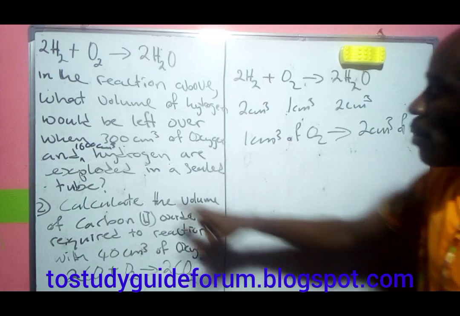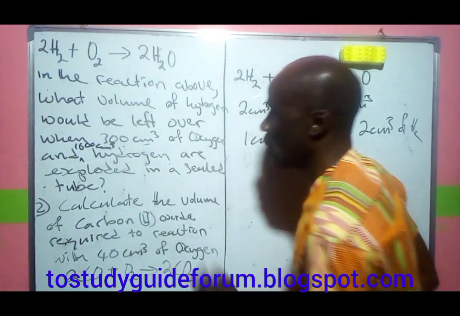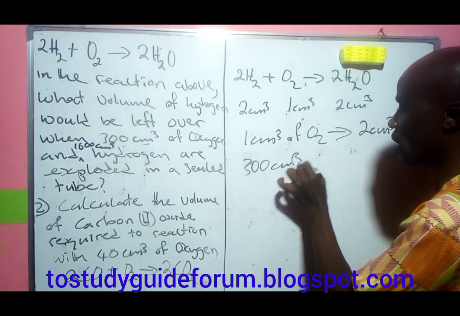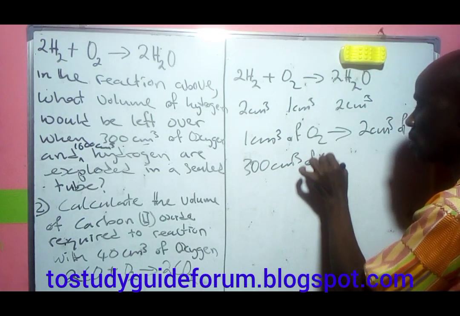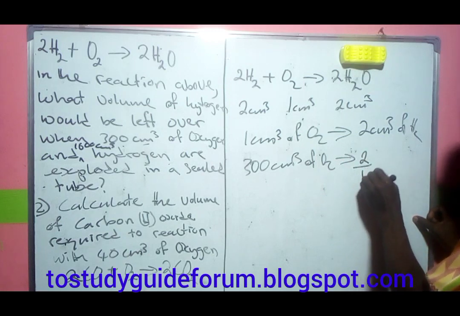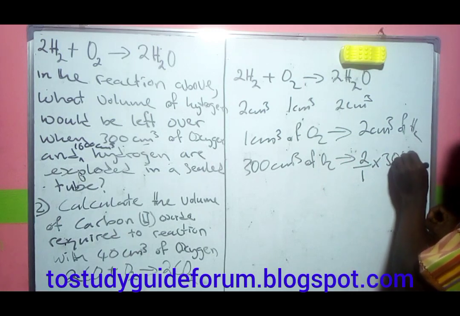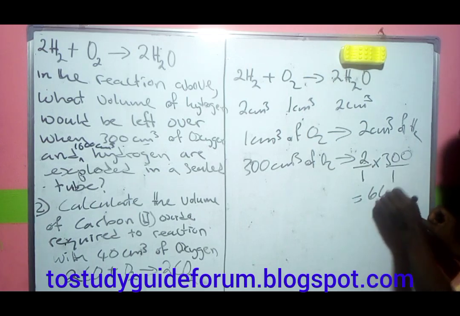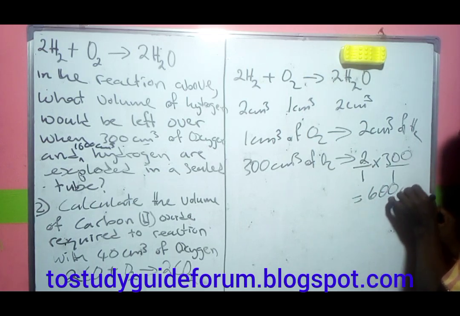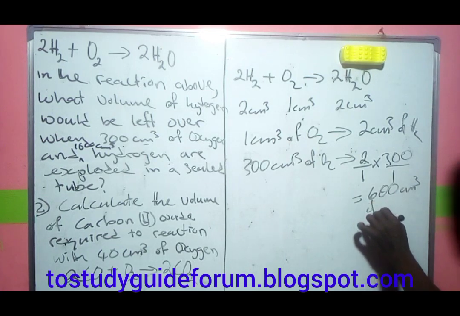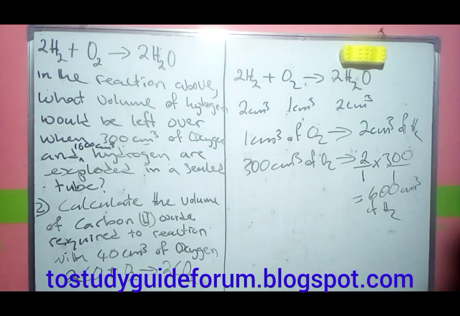Now, what we have here is 300 cm³. So 300 cm³ of the same oxygen will then be 2/1 times 300/1. Multiplying this, we have 600 cm³ of hydrogen that will combine.